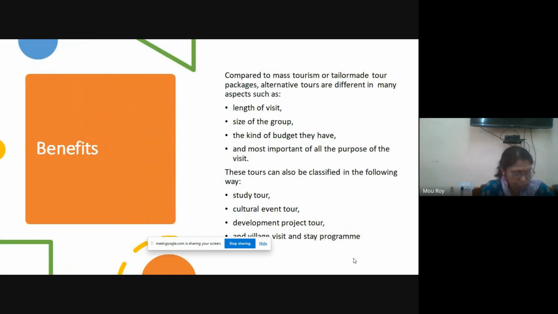Now coming to the benefits, compared to mass tourism or tailor-made tour packages, we go to the travel agents because they prepare tailor-made tour packages. It depends on how it is prepared, like depending on the length of the visit, the size of the group, the kind of budget you have, and the areas you will be covering.